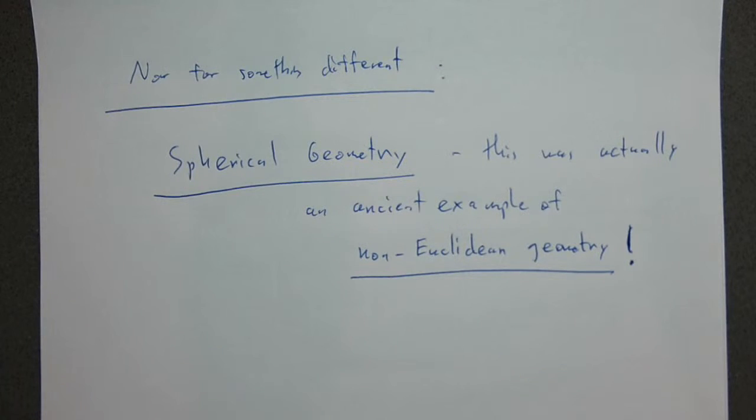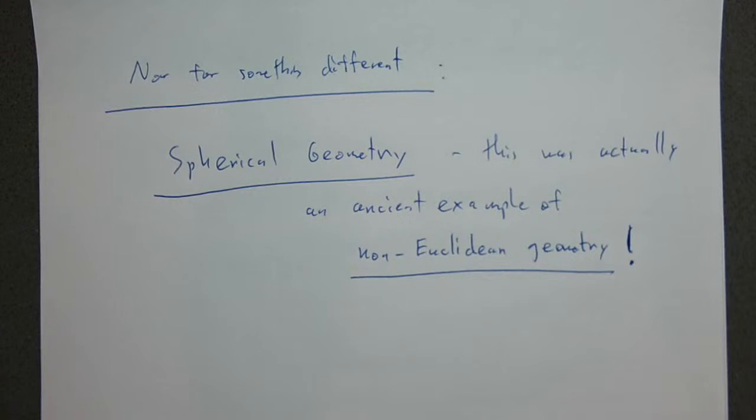Mathematicians for many, many years understood spherical geometry and understood that the concepts were similar in a lot of ways to Euclidean geometry, but there were several things that were totally different and failed fundamental Euclidean geometry facts.